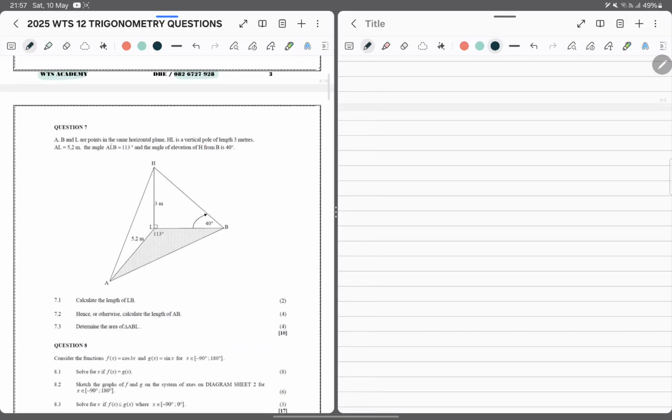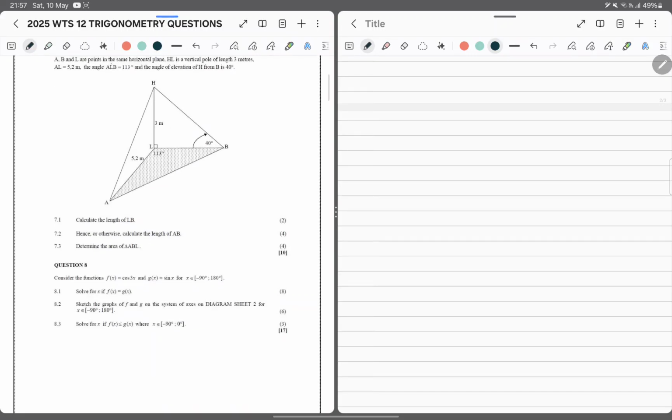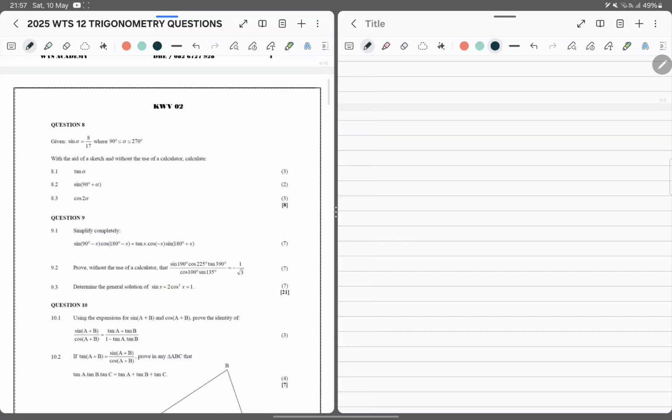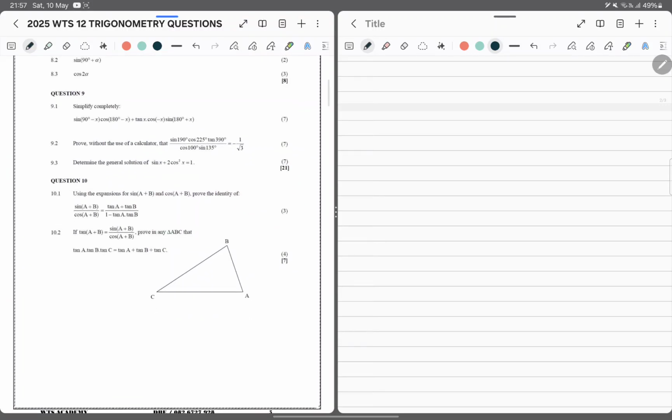Okay, so let's take this question. Here we don't have identities, we just move. Just keep looking for what looks like an identity so that we can deal with it. So we're going to take 9.2.